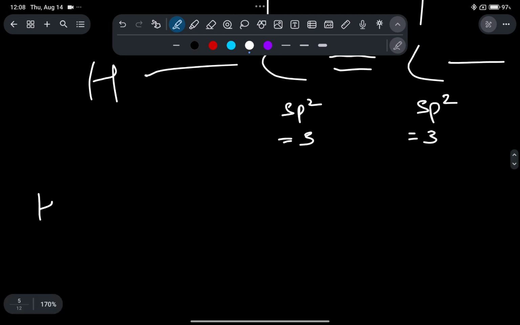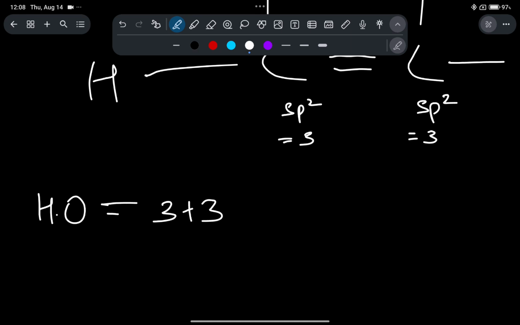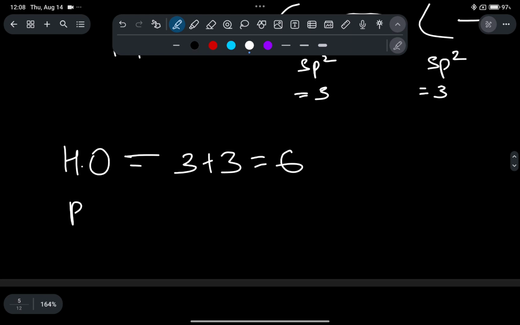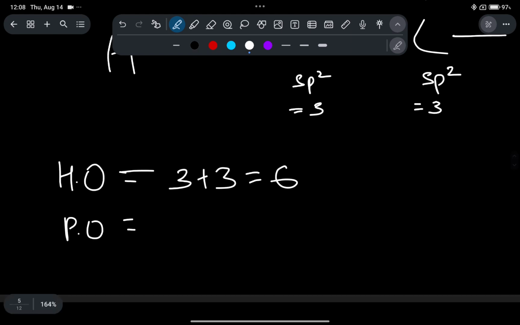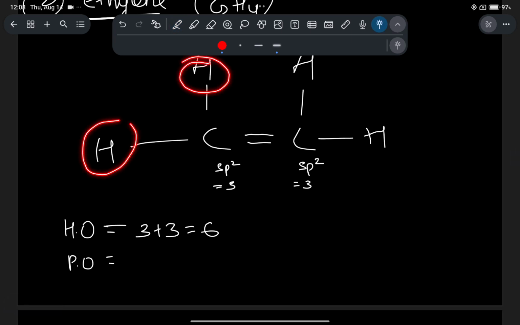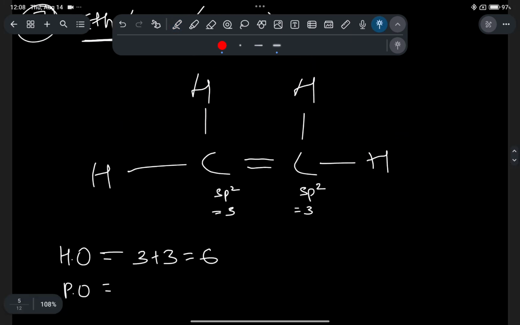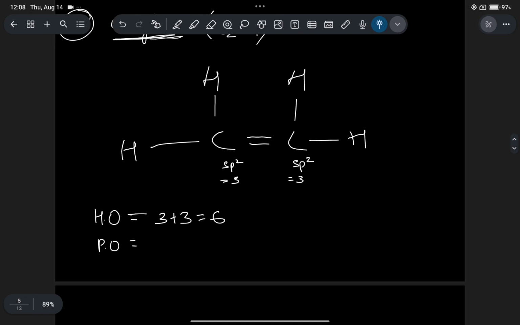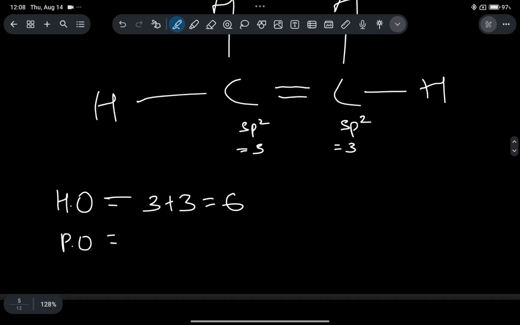So hybrid orbitals equals 3 plus 3 equals 6. Six hybrid orbitals. The number of pure orbitals equals the number of hydrogen atoms, which you should know: 1, 2, 3, 4. So 4 plus 2 into the number of pi bonds.